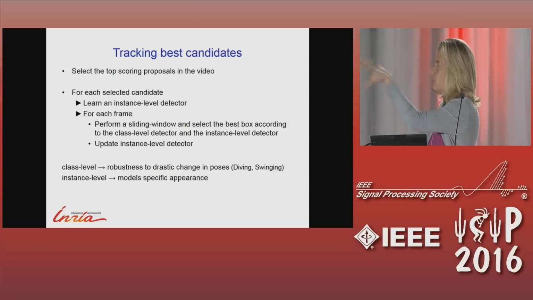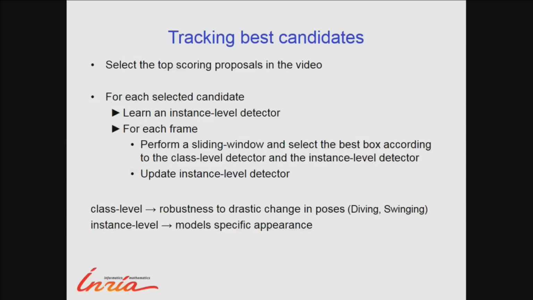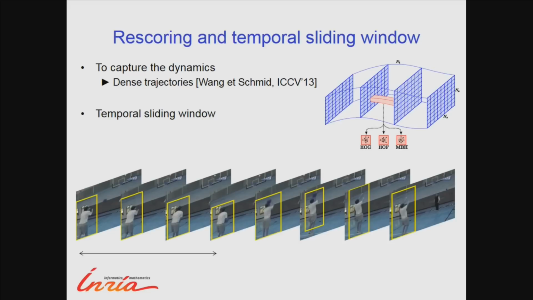We start with one frame, we learn the instance level classifier, so we determine the identity of the person, and then we track this person over the video. By combining the class level and instance level detectors, we are robust to dramatic scale changes based on the class level information, and the instance level detector is model specific. And once we have these tracks, we can use our dense trajectories to determine where the action is present in time.